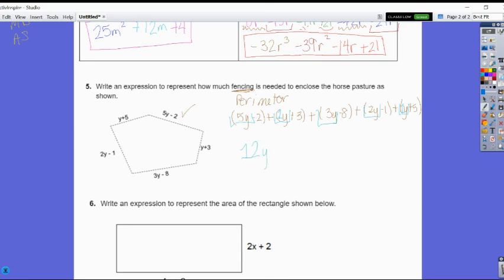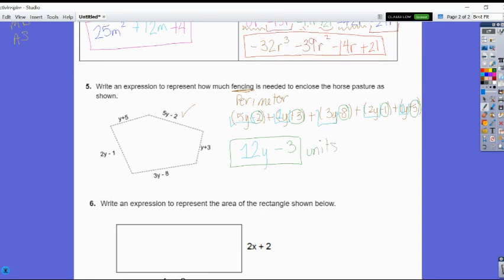And for the constants, negative 2 plus 3 makes positive 1, plus a negative 8 puts us at negative 7, plus a negative 1 makes negative 8, and then plus a 5 puts us at negative 3. So we're talking about 12y minus 3 units of fencing.